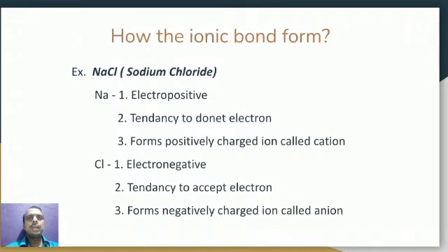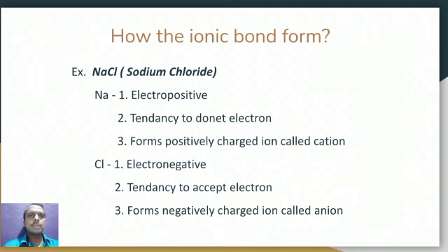Now see the example of sodium chloride. This sodium chloride is made up of two atoms, one is sodium and another is chlorine. Observing their position in the periodic table, sodium occurs on the left side of the periodic table while chlorine occurs on the right side.